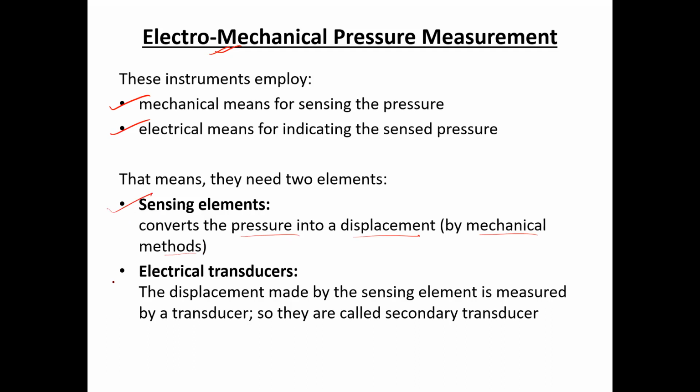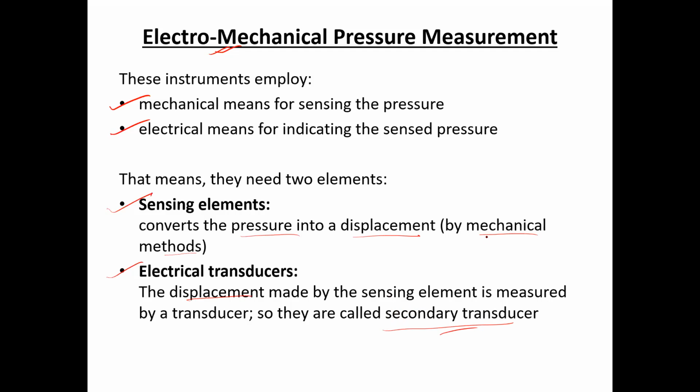And the second one is an electrical transducer, which is going to convert the displacement into the analogous electrical signal. This type of electrical transducer, as it is employed in the secondary stage of detection, is called the secondary transducer.